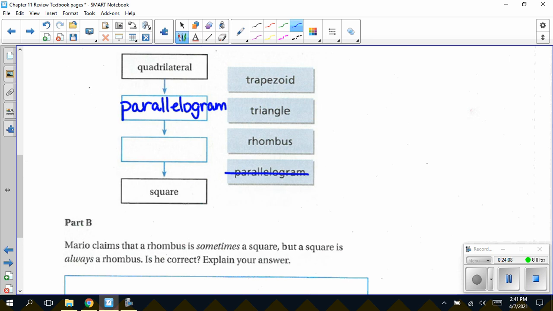Then inside the parallelogram circle, we could then go to the rhombus circle. And then obviously part of the rhombus circle would be the square. So that is the Venn diagram in a flowchart.